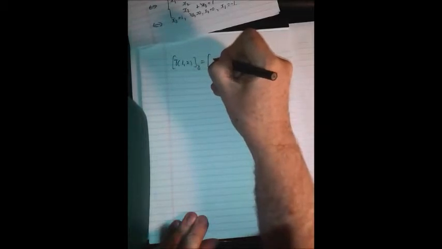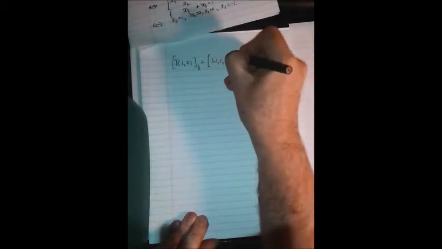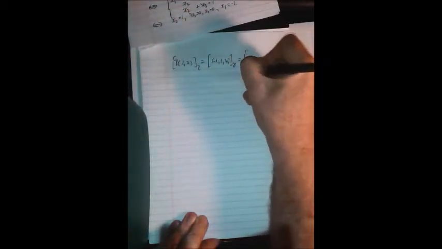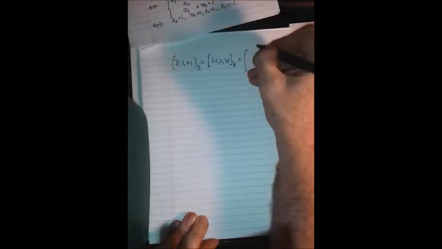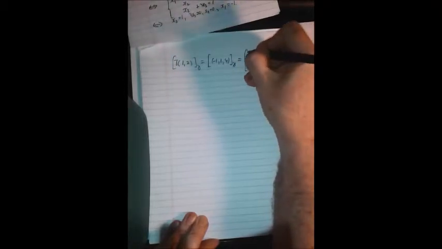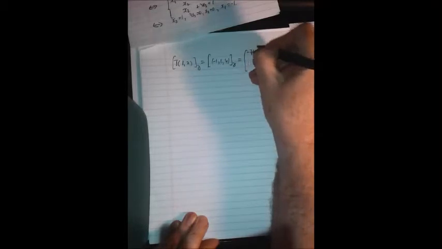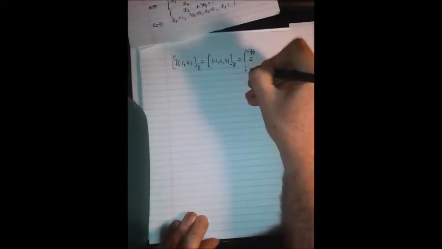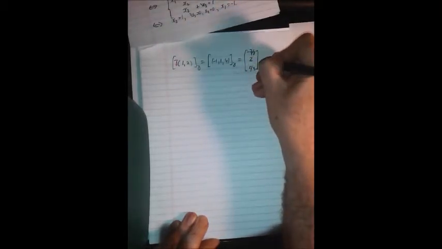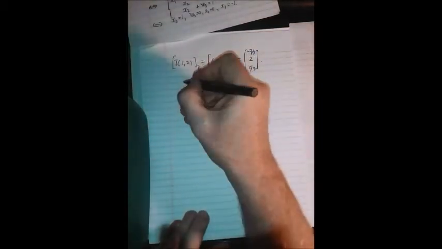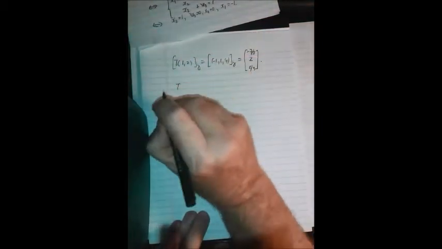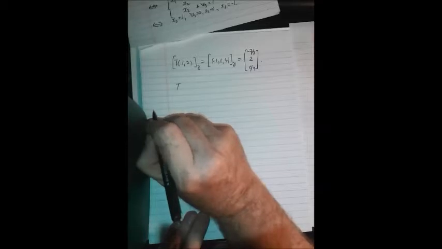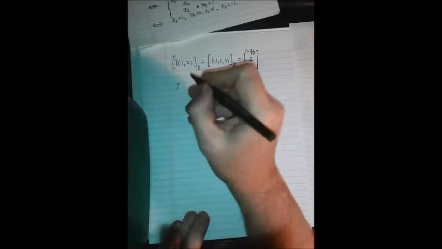So the coordinate vector of T of (1, 2) relative to gamma, which is the coordinate vector of (-1, 1, 4) relative to gamma, is the vector (-7/3, 2, 2/3). Okay, so this brings us to the second vector in alpha, which is the vector (2, 3).